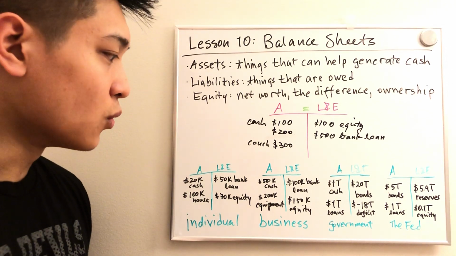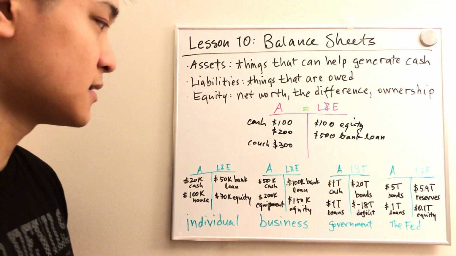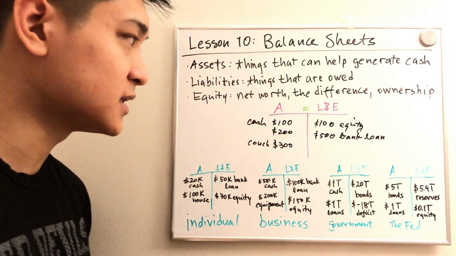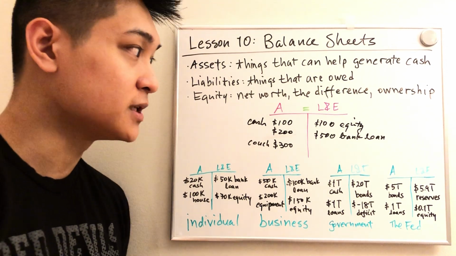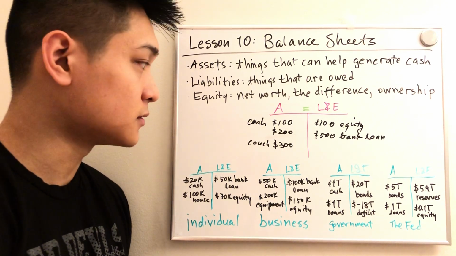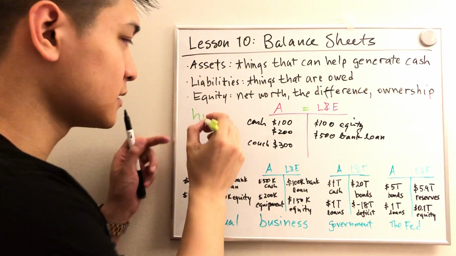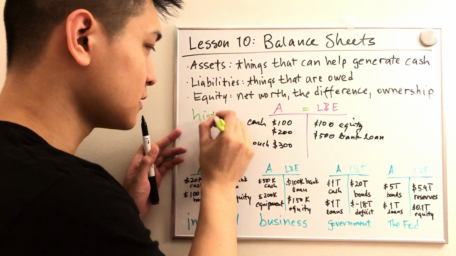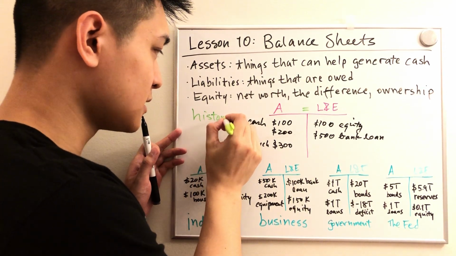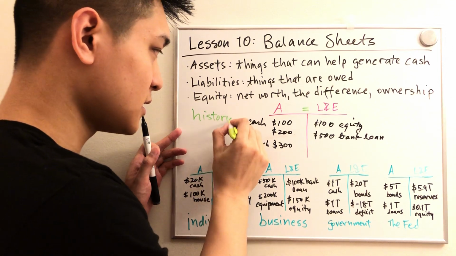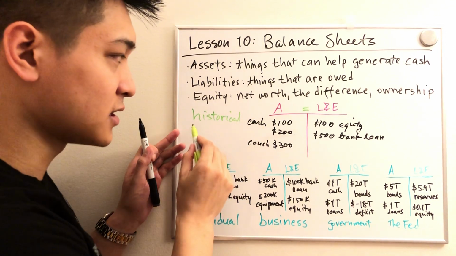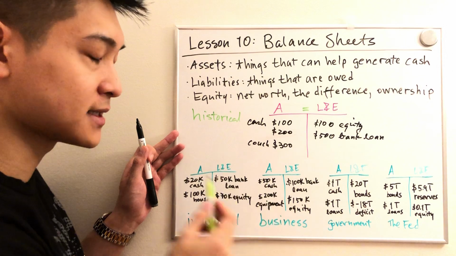Now, one thing to note is that an accountant's view of the balance sheet is purely historical. So there are really two kinds of balance sheets we are interested in. An accountant primarily cares about what has happened in the past.